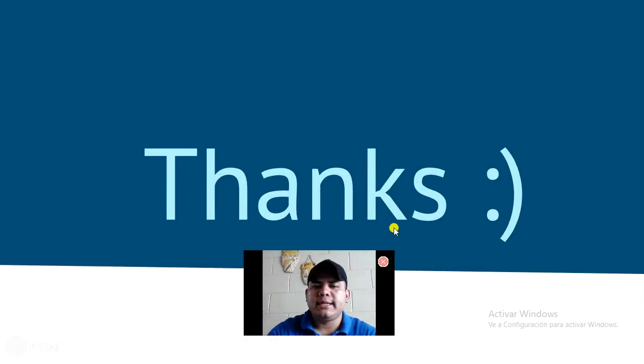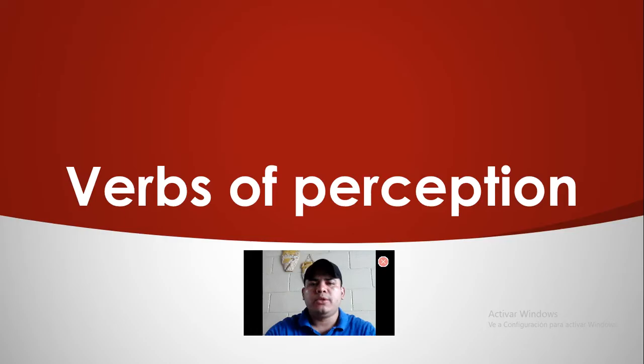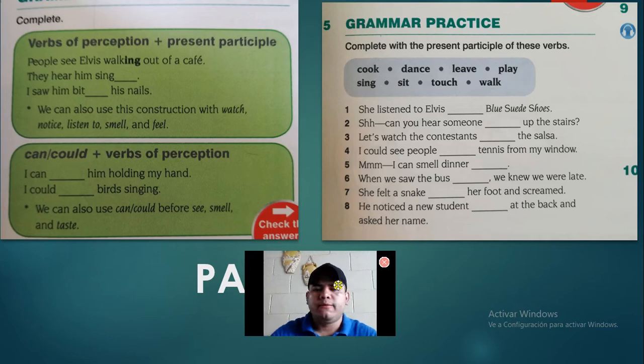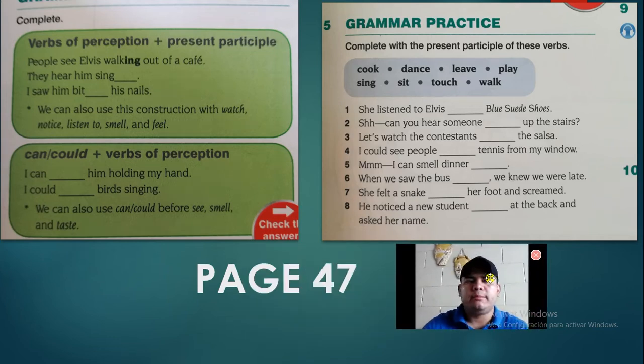So that's basically what we have, people, in this part. Now, what you have to do is go to your book, page number 47. On page number 47, you are going to find this table over here. In this table, you have to complete these sections from page number 46 with the reading of Elvis Presley.